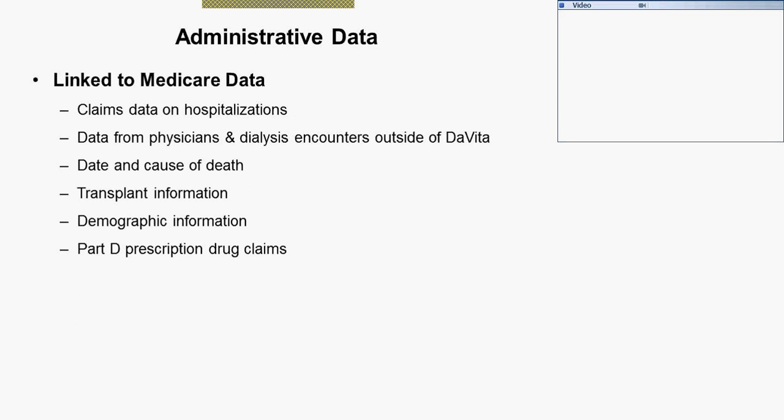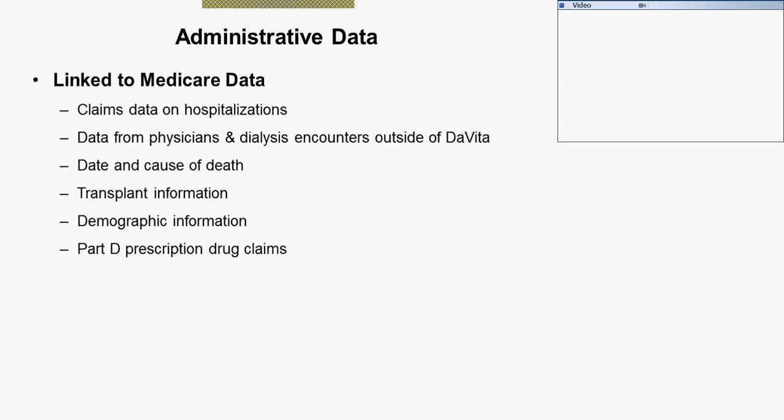Also, we're now collecting quality of life data quarterly, so we also get measured quality of life. These data have been merged with CMS data, since all dialysis patients are eligible for Medicare benefits. So we've merged this big clinical database with the Medicare CMS data, and we see things that happen outside of the clinic in the Medicare data. If patients are receiving treatment at another dialysis center, we would see that. We wouldn't get all the clinical data, but we'd at least see that they were receiving treatment elsewhere. If they're hospitalized, we would see that.